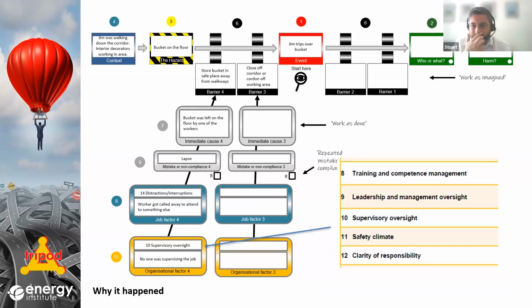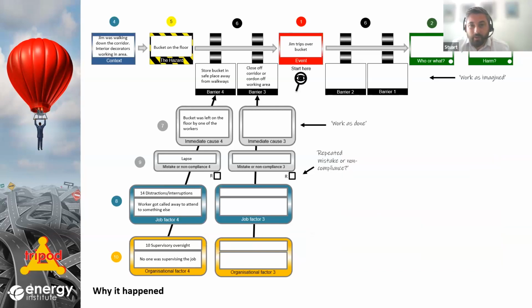In this example, bear in mind this isn't a real example, I've chosen supervisory oversight because there was no one supervising the job. So using Tripod Lite and these simple boxes, I've quite quickly built up an explanation for this particular barrier and why it may have failed.